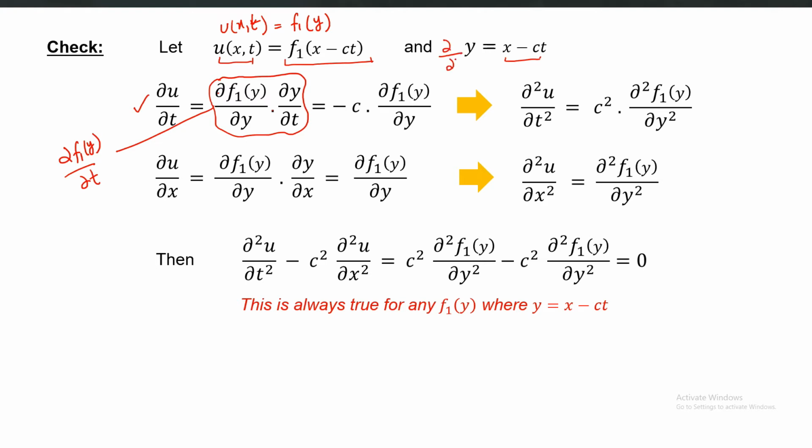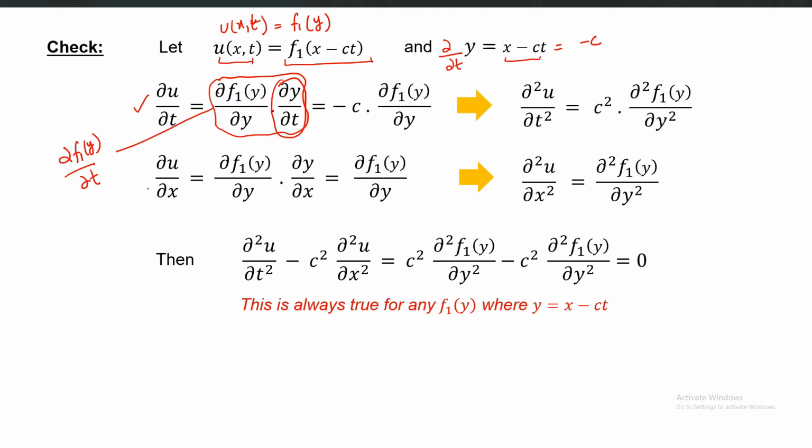So partial y over partial t will simply be minus c. So we can simply put minus c for this term, and that original term can remain like that. We can again take one partial over partial t, and in that case the minus will become positive and it will become c square partial 2 f1 of y over partial y square. So this is one more time we have taken partial over partial t.